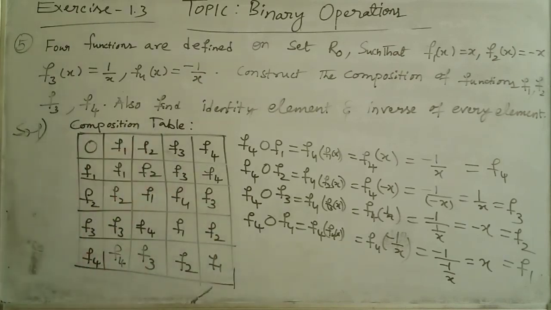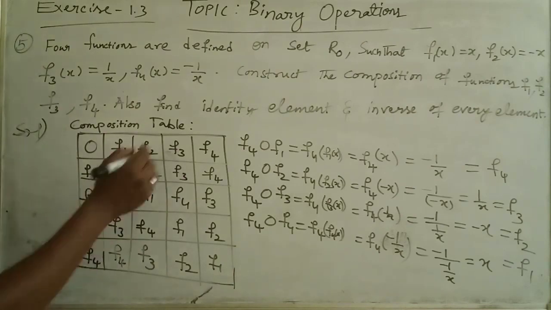In all the places, when you do f1 circle f1, f2 circle f2, f3 circle f3, f4 circle f4, you get f1. Therefore we can say that f1 is the identity element.